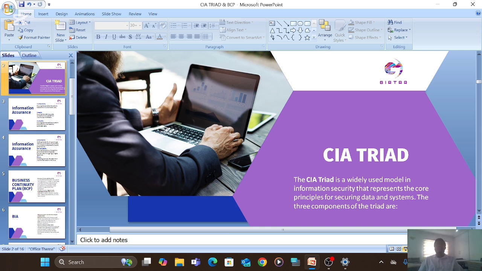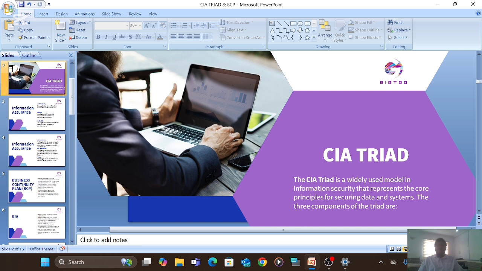Now, what this is saying basically is the CIA triad is something we use in cybersecurity, to put it in layman's terms, to make sure that data is being secured, information is being protected and accessed when needed. So the whole idea of the CIA triad framework and model is just to make sure that data is being protected and accessed when it is needed.